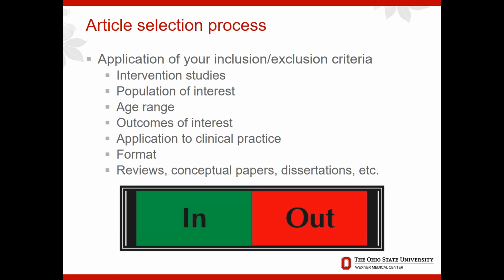And then lastly, I won't be surprised if some of you, when you do your search, come across dissertations, graduate theses, graduate papers that, again, might yield some interesting findings, but you'll have to decide with your group mates if you want to include that dissertation, which will likely be a long read, in your actual final pool of articles that you keep in your final review.